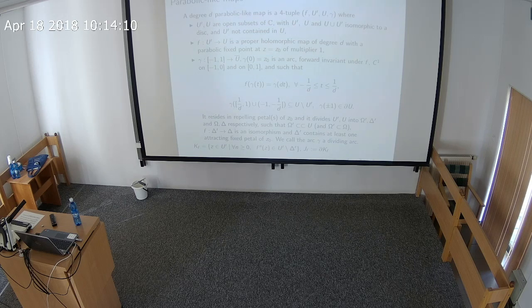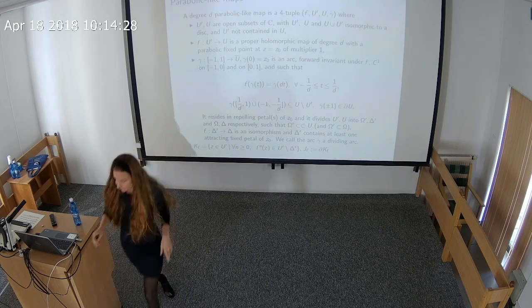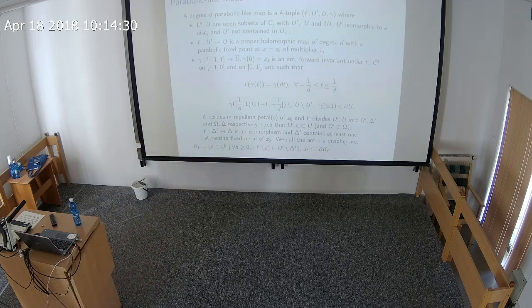I define it this way, not in the pinched way, because for a lot of technical reasons, even if I had to discuss with a lot of people because this was the model in the head of everybody. But yeah, you define this object, and you define the filled Julia set for this object, the set of points that never escape this part of the domain. Because here the preimage of the parabolic part, God knows where it was.